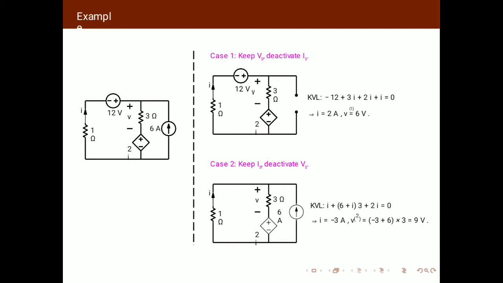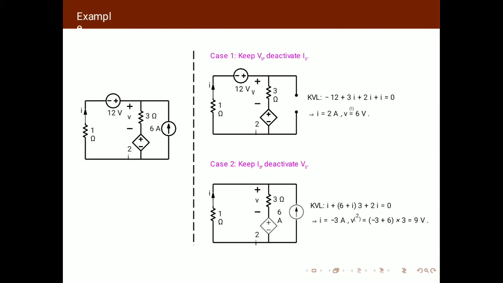Here the dependent source voltage is 2I. By the KVL equation, we get I equal to minus 3 amps. Now what is the voltage across the 3 ohms? It is the current 6 plus I, into 3.